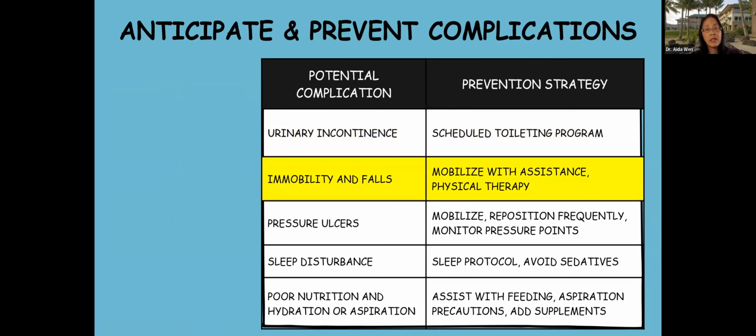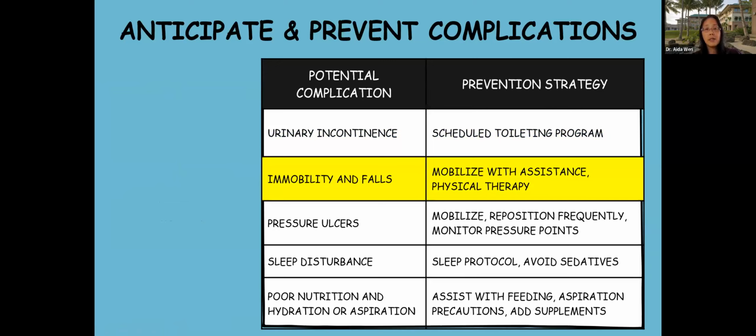Immobility and falls, right? If your brain is not working quite right, then it's going to have poor judgment, poor safety awareness, more unsteadiness. And oftentimes, this happens often, people present with delirium with a fall, right? Or a fracture, something like that.